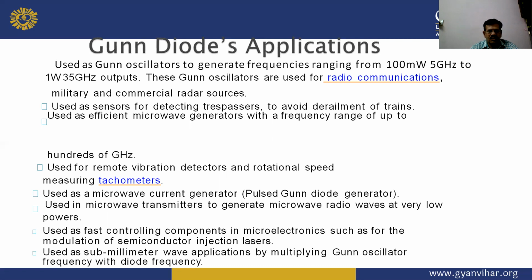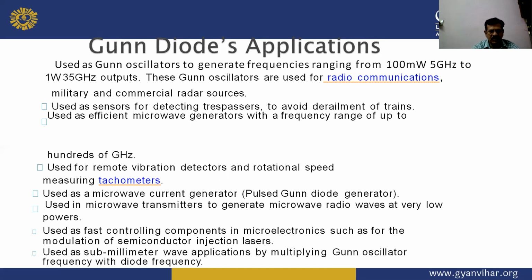Also the Gunn diode is used in tachometers, and as microwave current generators, that is the pulse Gunn diode generators which are used as a microwave current generator.